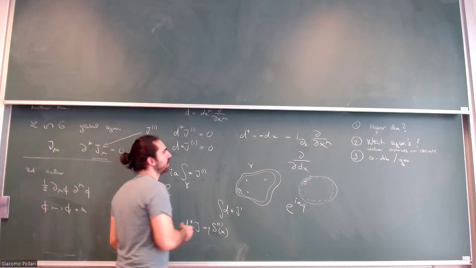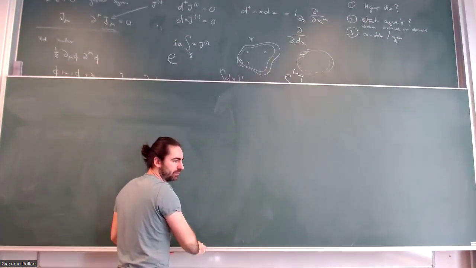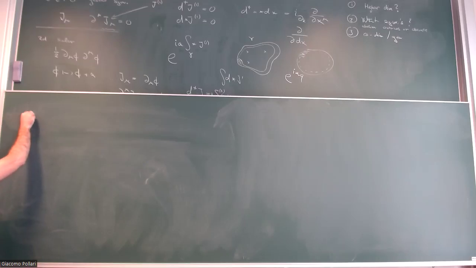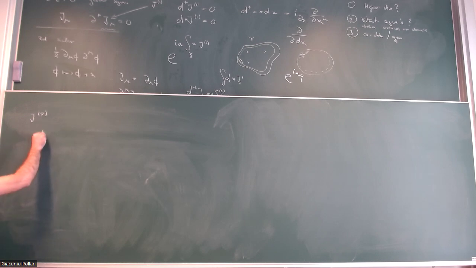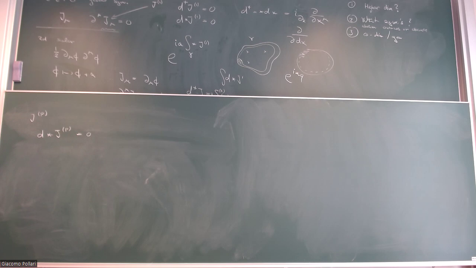I can have some form J, which satisfies the same kind of equation. d star J is 0, or d star on chain is 0, sans maybe some insertions, which we'll clarify.